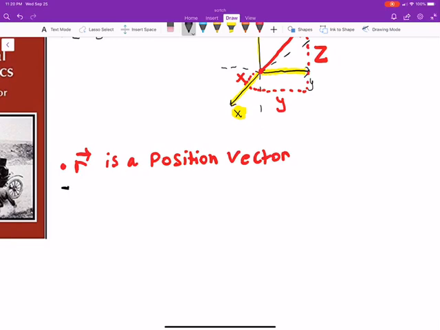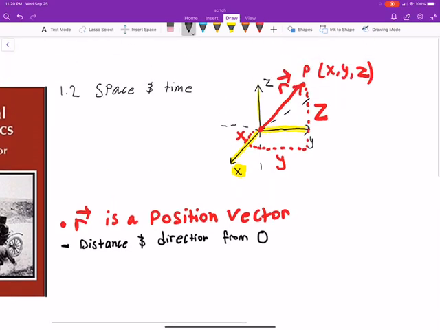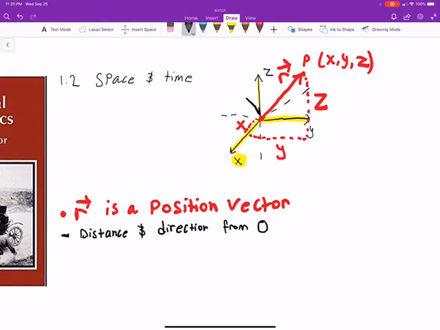Okay, so this tells us the distance and the direction from the origin, which I'm going to call O, that's there, that's 0, 0, 0, to the point P.